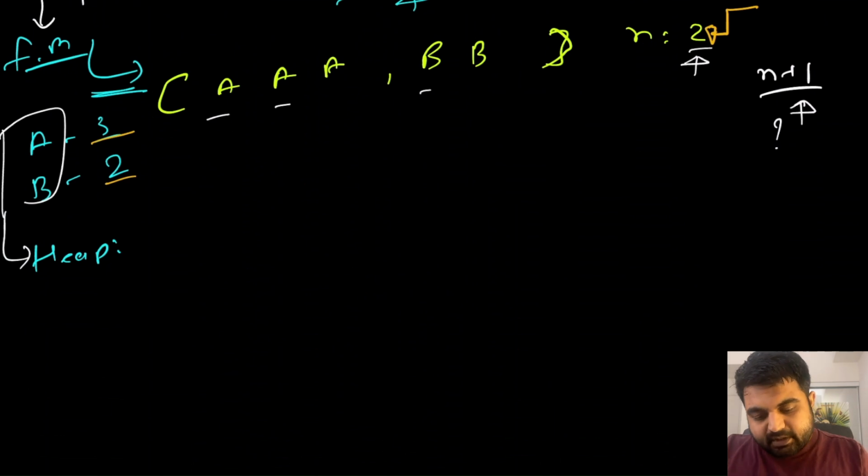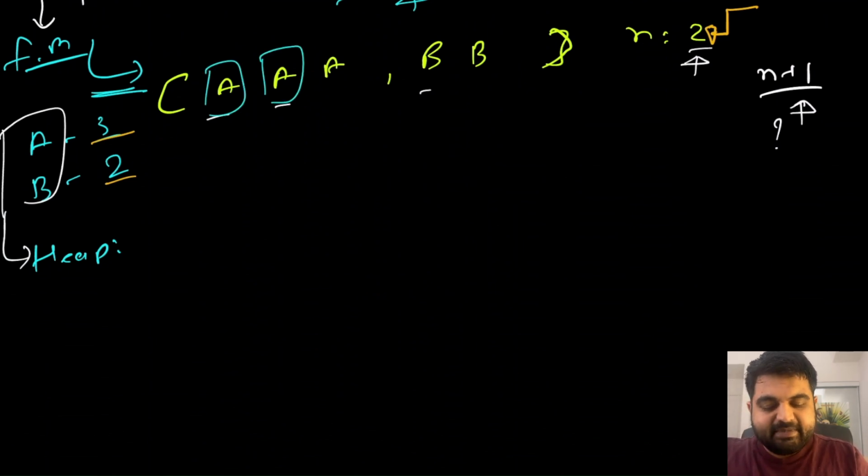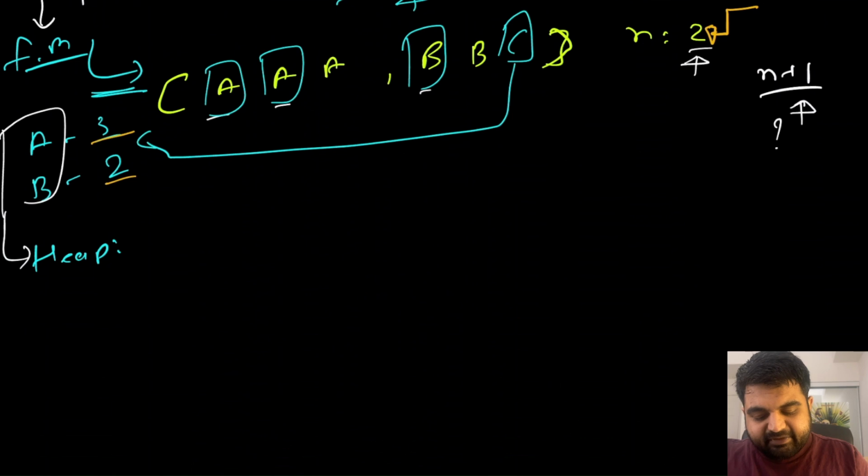Coming back to the question, so far we are keen on understanding how many A's are present, how many B's are present and how many C's are present. The thing is, apart from storing this value inside the frequency map, we don't have any other information that we need to utilize this for.